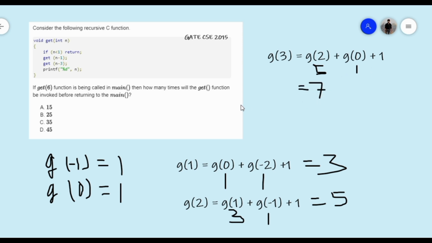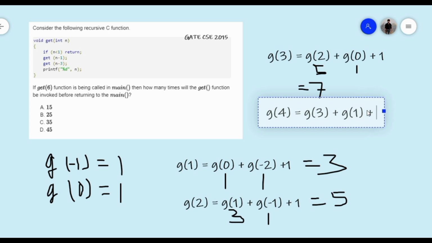Now for g of 4, the function calls will be n minus 1, which is g of 3, plus n minus 3, 4 minus 3, which will be g of 1, plus this g of 4 itself, which is 1.